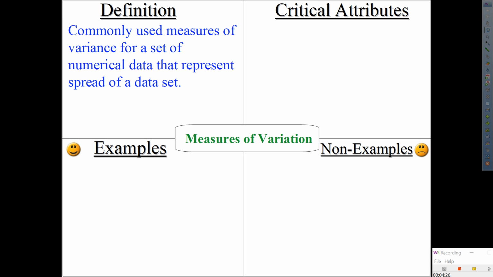Once again, notice variance and spread, how data is spread. Now, no longer in the center. That's why we're not looking at measures of central tendency. We're looking how it's what? Spread out or spread through.